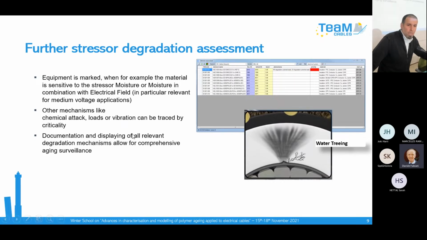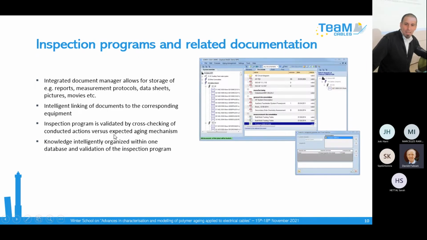This all is based on experiences, and this software is able to give a hint. Be careful here. You have to check this not to have any problems with water treeing. This is serious. It's not recommended to run to failure.